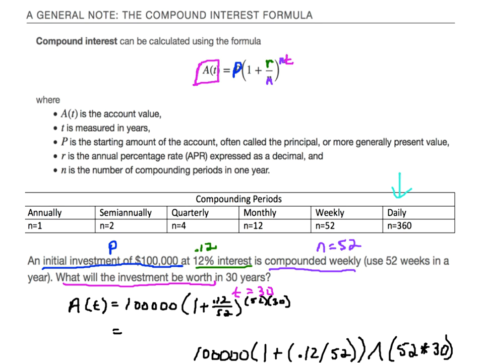And when I put that into my calculator, I get that at the end of 30 years, this account will be worth $3,644,675.88, and I rounded that to the nearest penny.